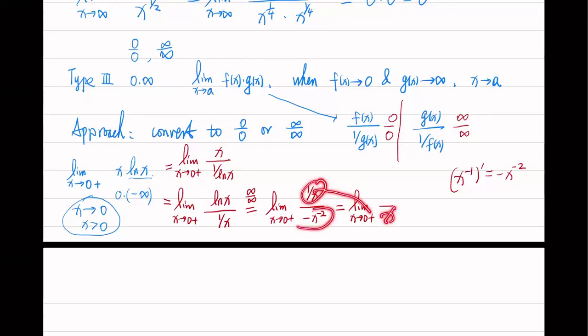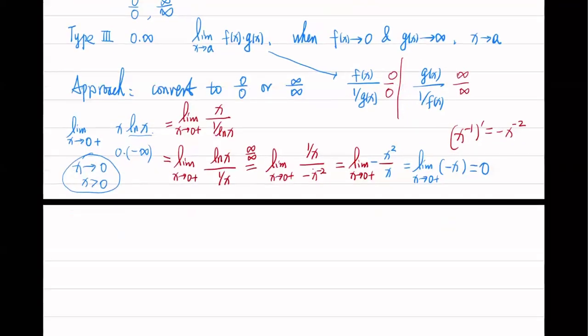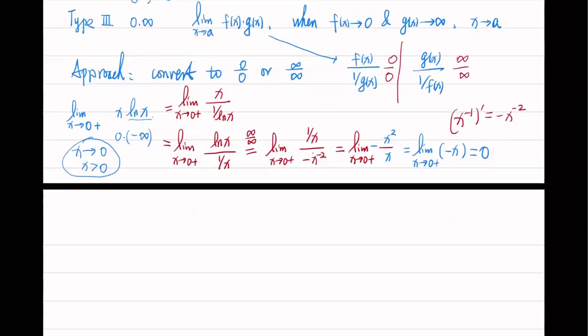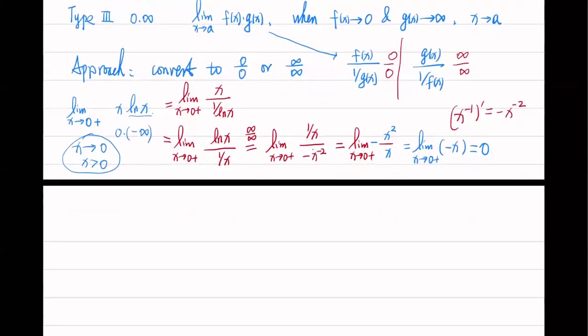We put this on the numerator, negative x squared, we get negative x squared times x. Okay, so we find this limit. So this is 0.